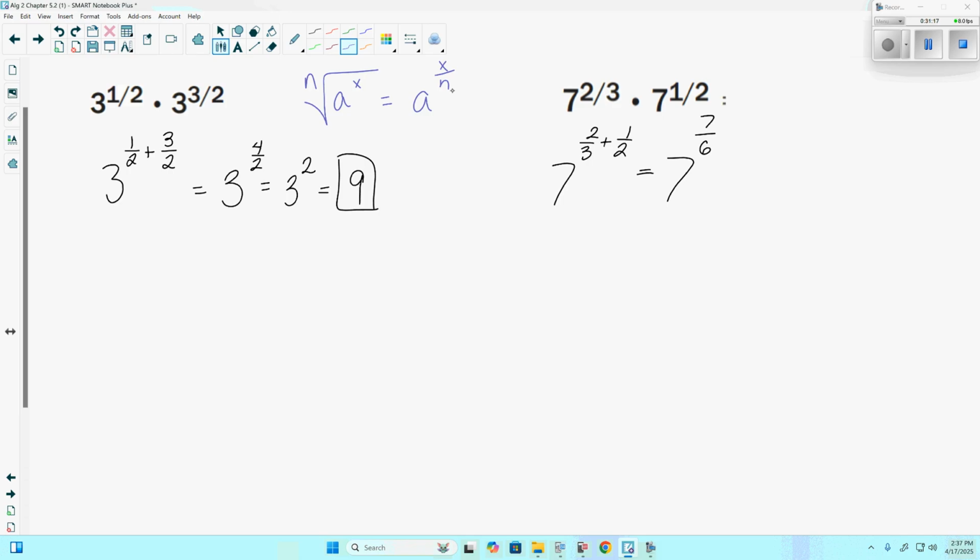And the number on top is what power we're putting it to. There is a whole number that comes out, but it does not reduce nicely. We'll leave it as this. The only other way to rewrite it would have been 7 times 7 to the 1/6, but I don't feel like that's any simpler than just leaving it as 7 to the 7/6. So we'll just leave it there.